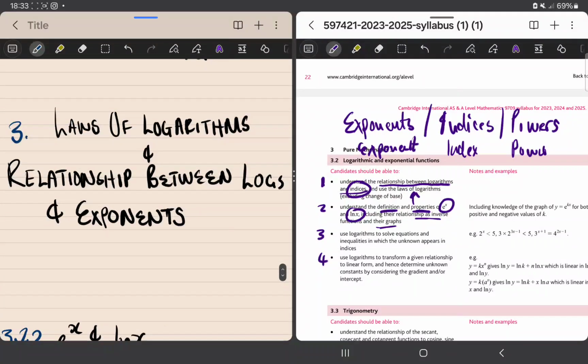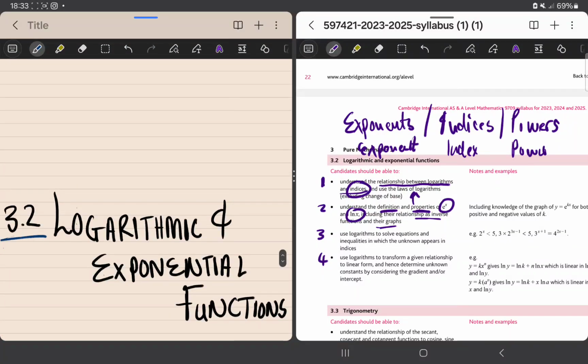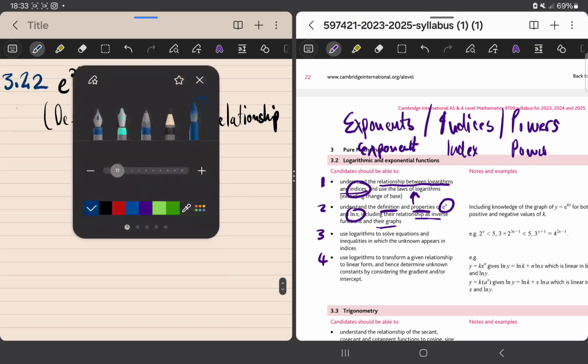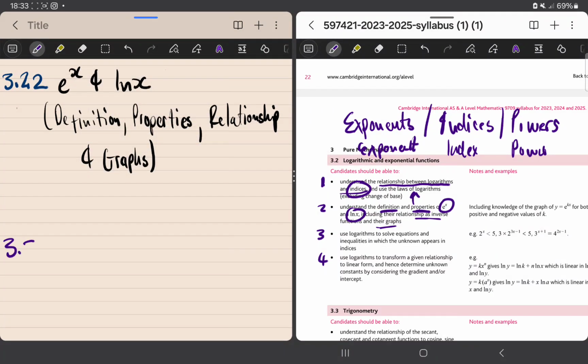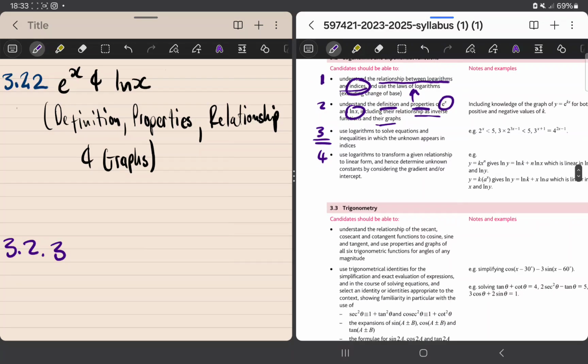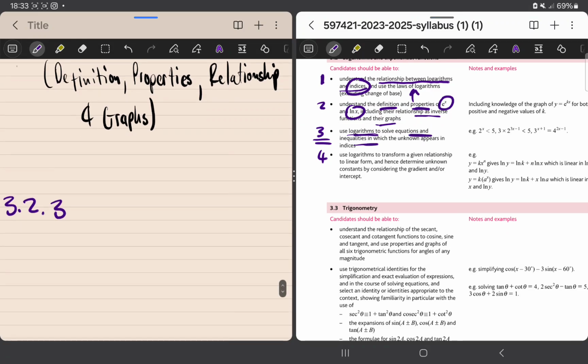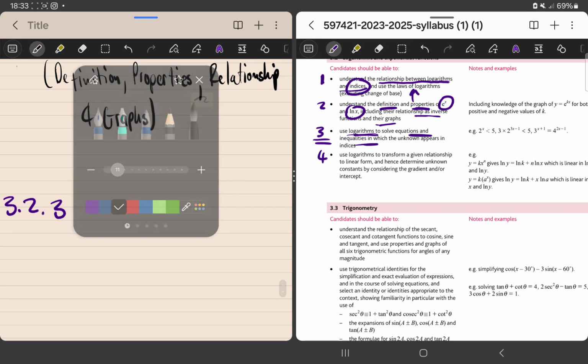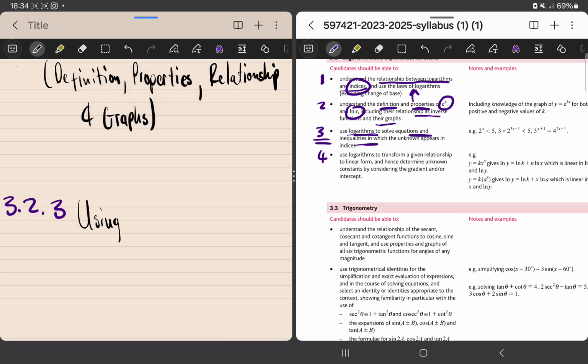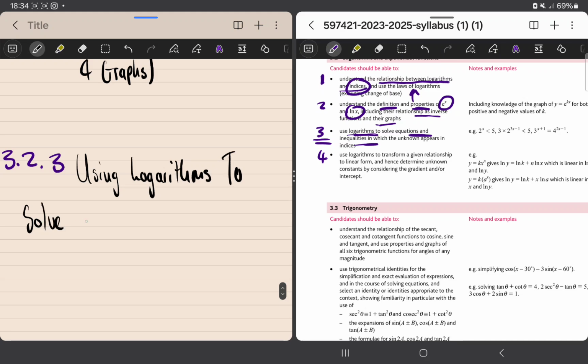Okay, so yes, this was 3.2.1, and in here, this is just 3.2. Okay, no problem. So now we are going to 3.2.3. So 3.2, paper 3, topic 2, subtopic number 3. Because there are 4, we are now at subtopic number 3, which says use logarithms to solve equations and inequalities. So we are saying using logarithms to solve equations and inequalities.